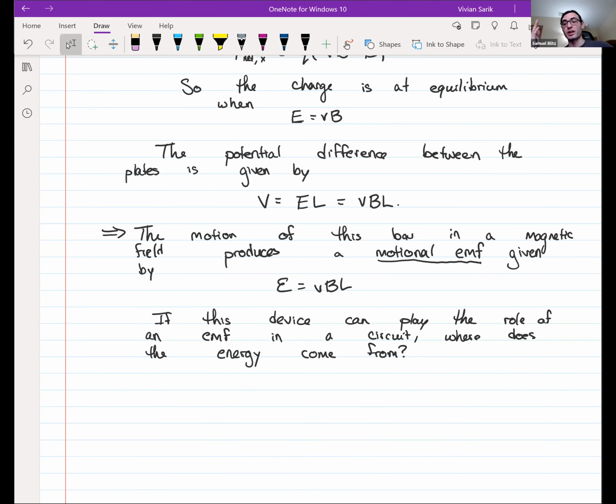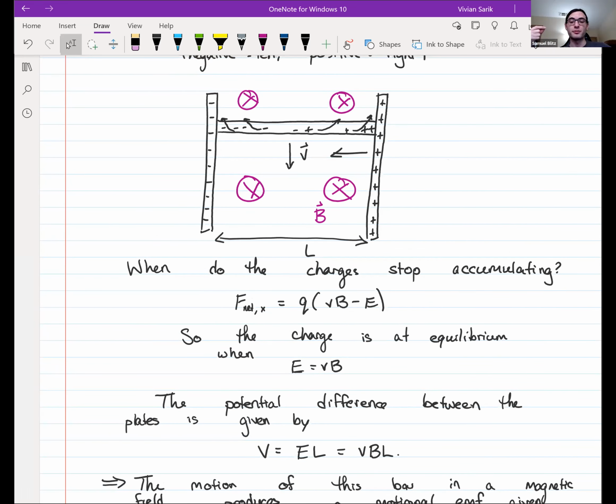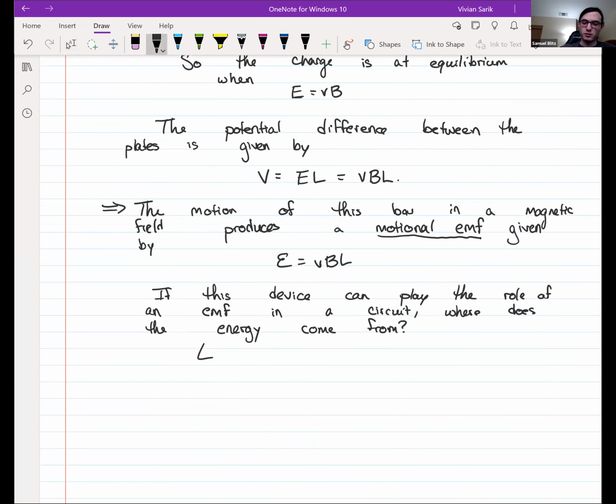And so from Newton's second law, what we end up with is a force from the charges on the bar that pushes the bar upwards.